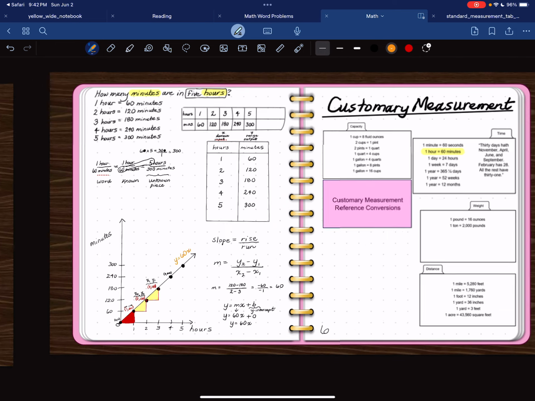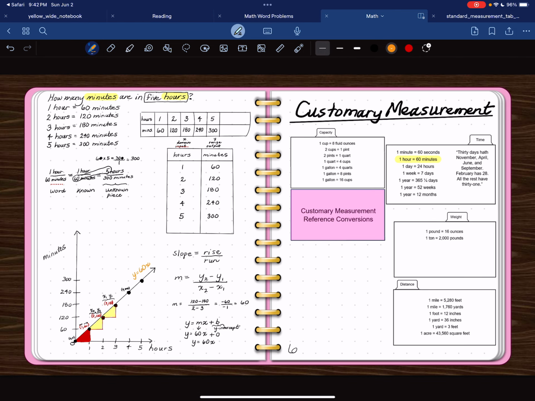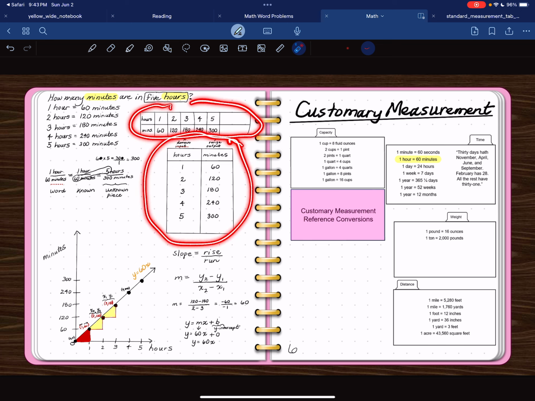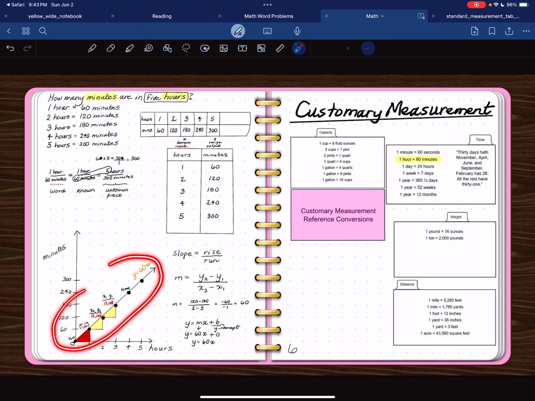So just by taking that very basic equivalence, and you could do that for any of these equivalents, I can teach basic addition, basic multiplication, ratio and proportion, tables, input-output tables, graphing, slope, linear equations in slope-intercept form.